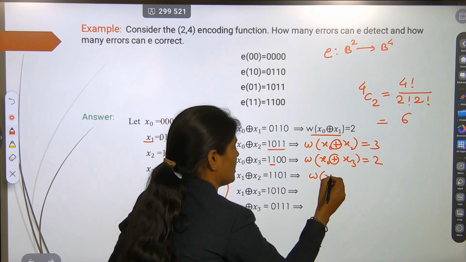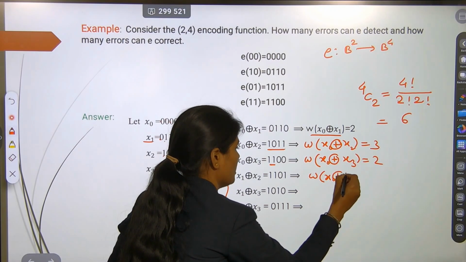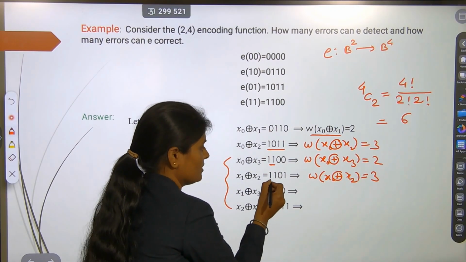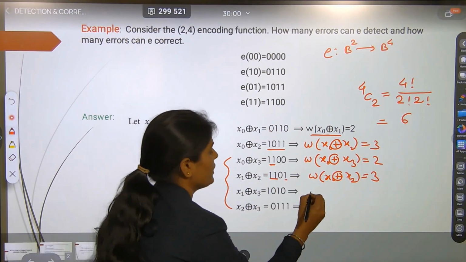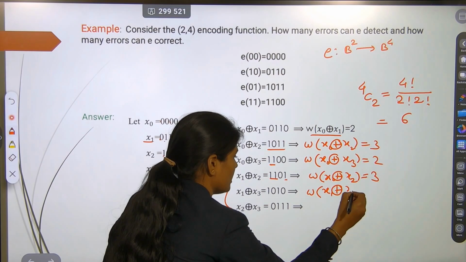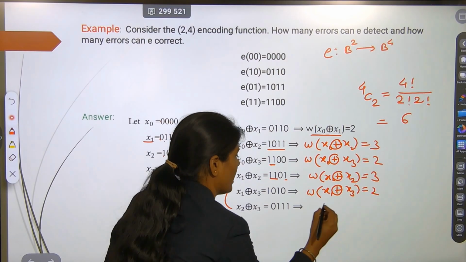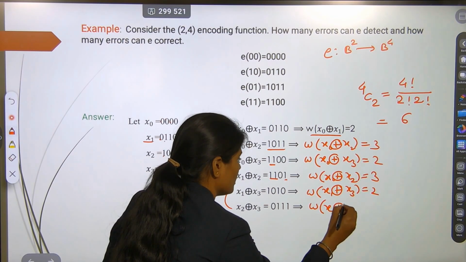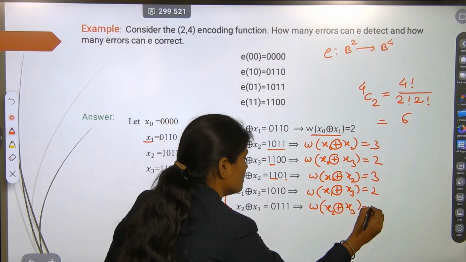The weight of x1 XOR x2 is 3, because there are 3 ones. The weight of x1 XOR x3 is 2, and the last one, the weight of x2 XOR x3, is 3.